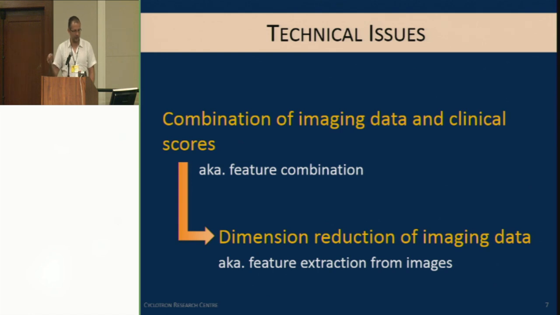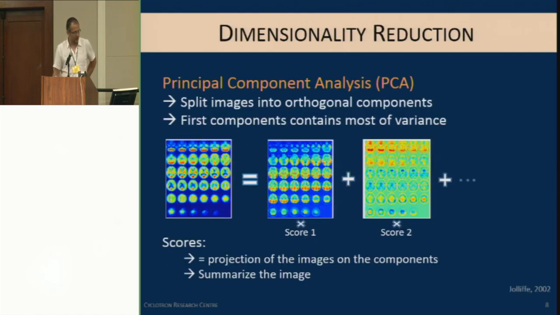That was the idea of decomposing our images into patterns, and then for each pattern you've got a score. So you go from thousands of voxels to a few tens of patterns per image. So you're reducing the feature space. I'll go through these. So, dimensionality reduction.